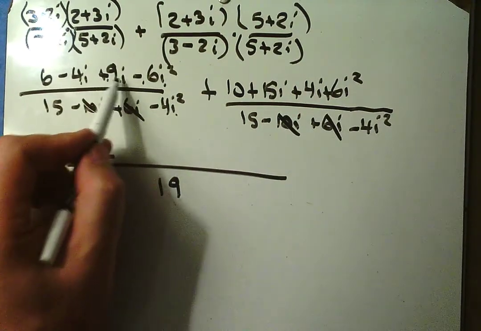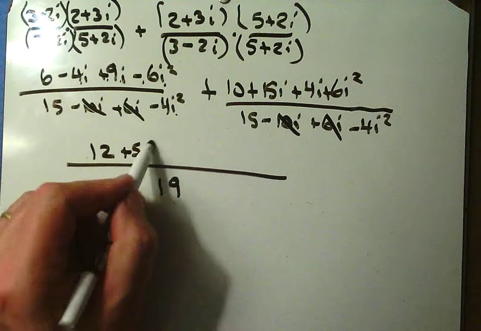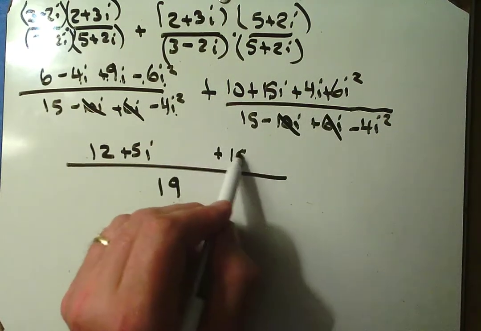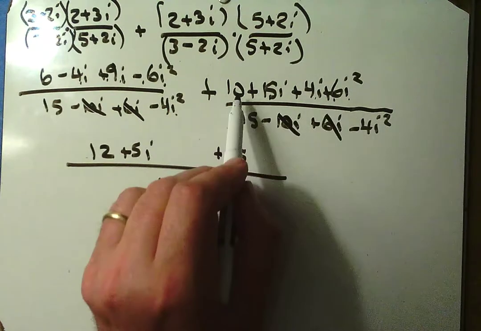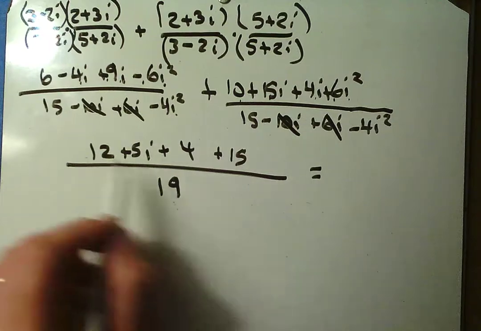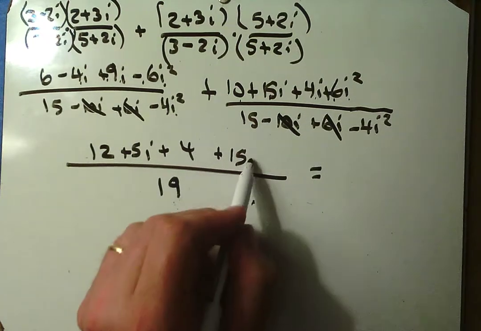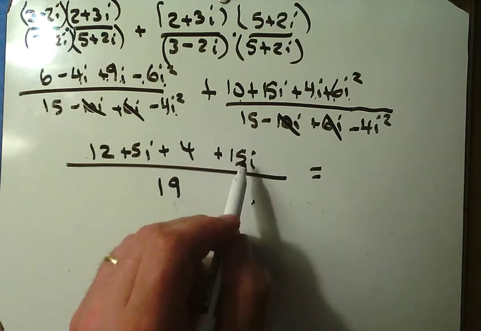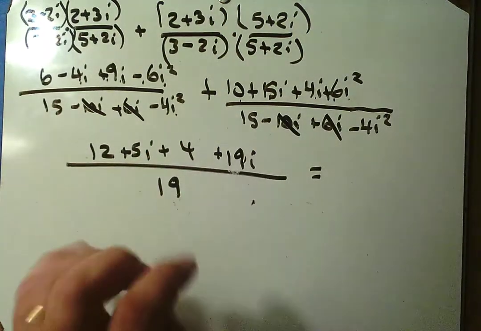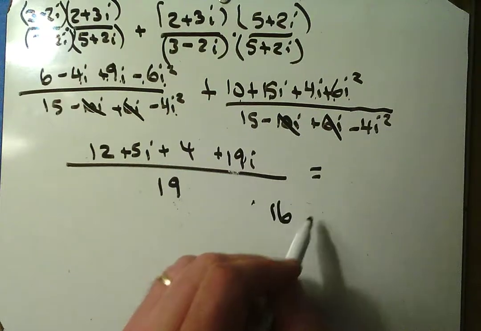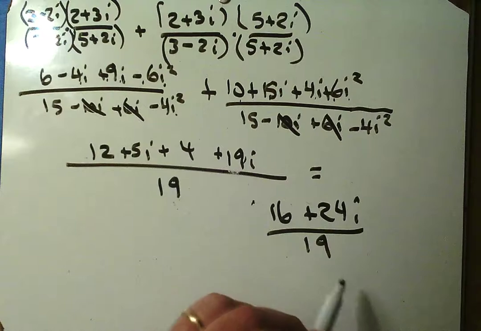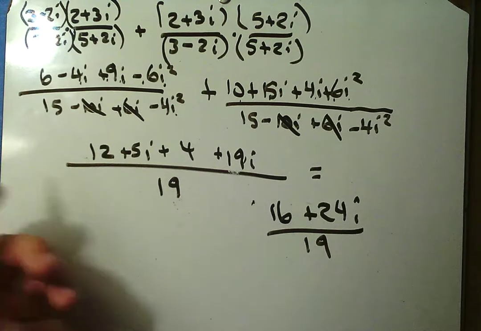And then here, minus 4i plus 9i is 5i. Now over here, we've got 15i. We've got negative 6 plus 10 is positive 4. So I end up with 16. Is that 59? No, that's 99. I end up with 16 plus 24i over 19. Oh, I like that. Look, we're done.